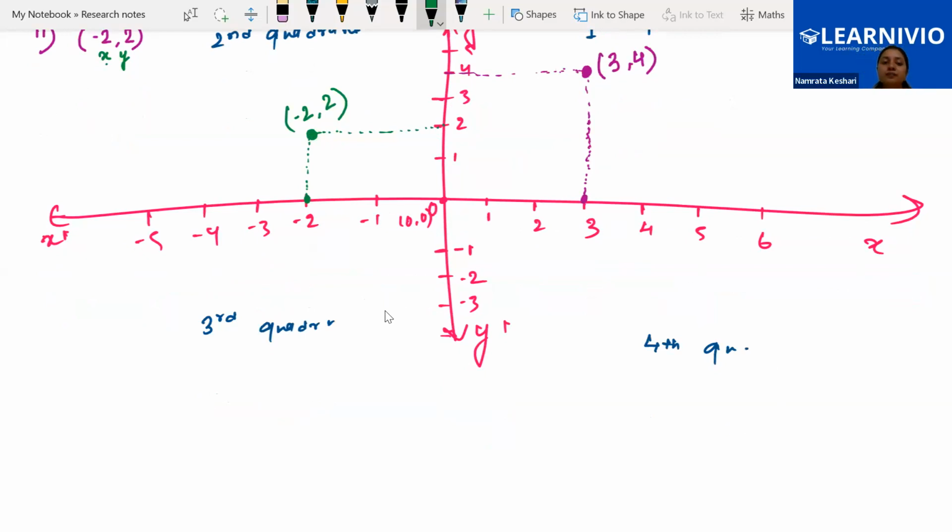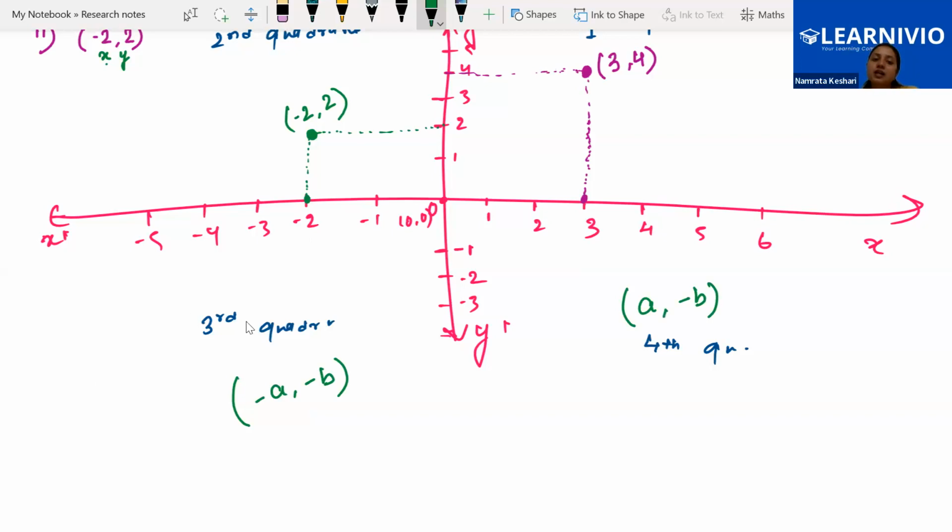X is negative and y will also be negative. If x is negative and y is also negative, then the point will lie in the third quadrant. Similarly, if x is positive and y is negative, then the point will lie in the fourth quadrant.